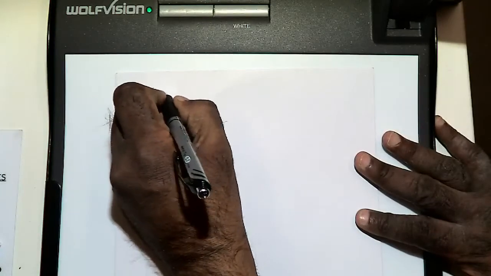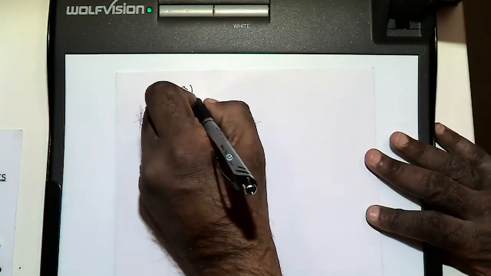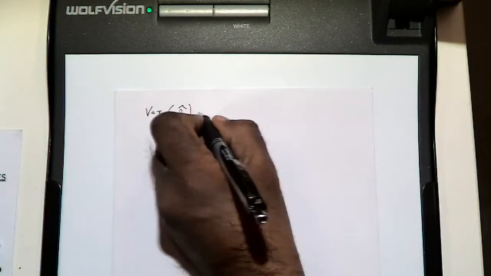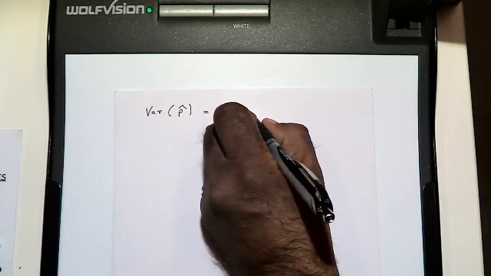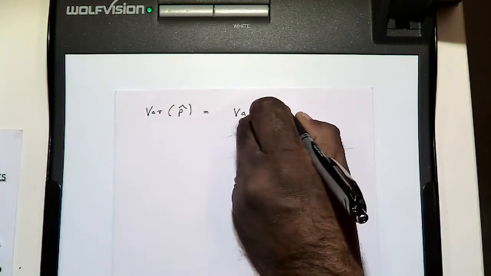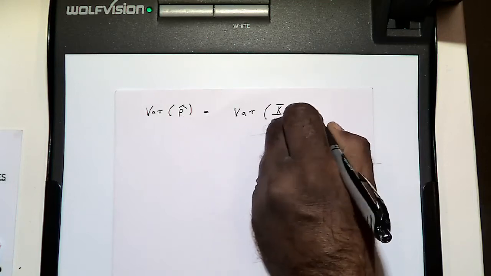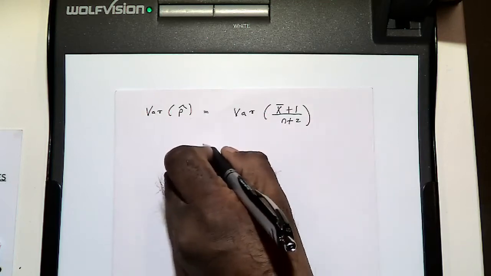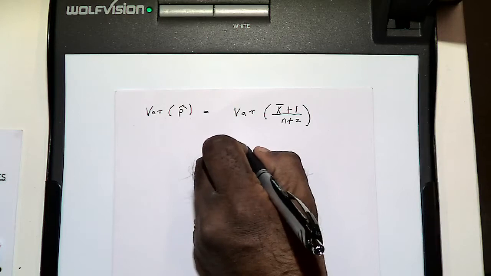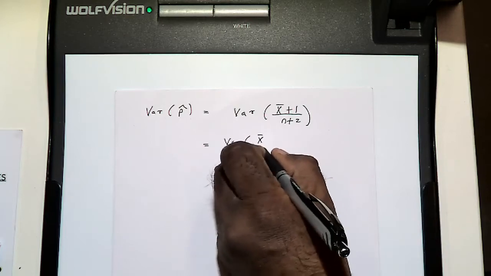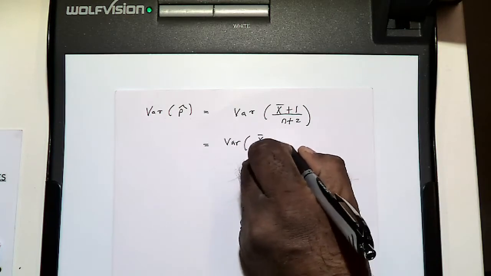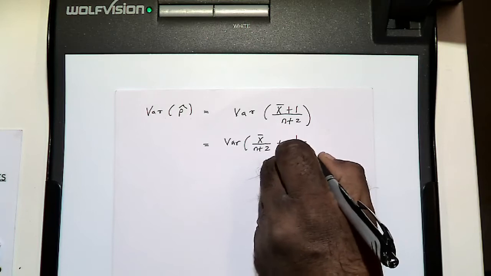Now the variance of p hat is going to be the variance of, this is where what you did in probability 1 comes in, right? This is the variance of x bar plus 1 divided by n plus 2.